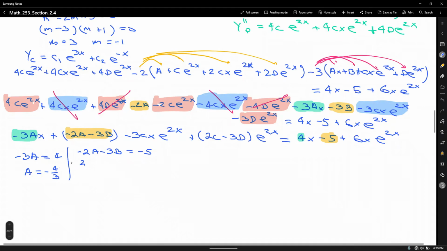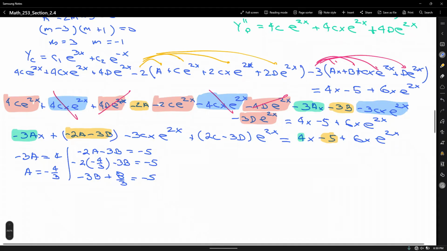So negative 2 times negative 4/3 minus 3b equals negative 5. Okay, so negative times negative equals positive 8/3. So that is negative 3b plus 8/3 equals negative 5. Now, subtract 8/3 from negative 5.